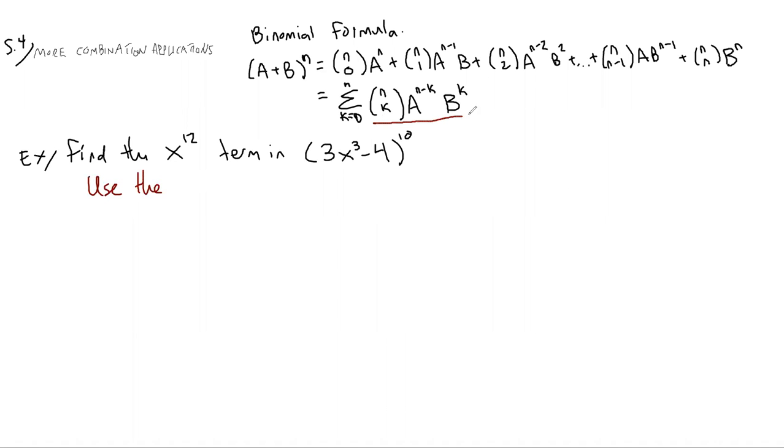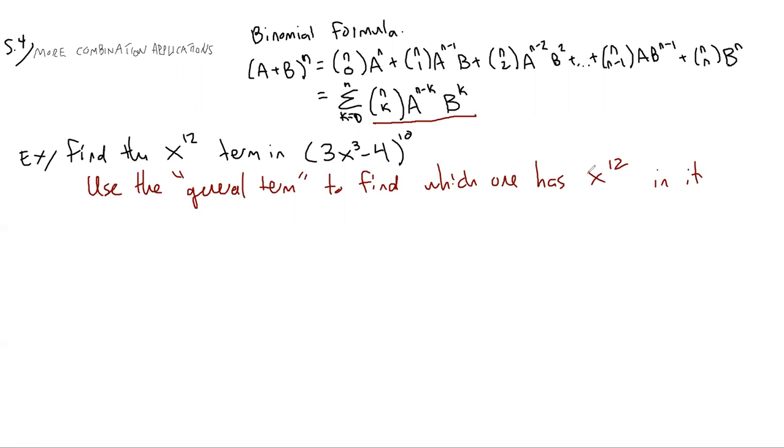And that is actually just the thing in the summations. So we're going to use the general term to find which one has x to the 12 in it. Each term basically is going to look like that formula there for the general term: n choose k, a to the n minus k, b to the k.